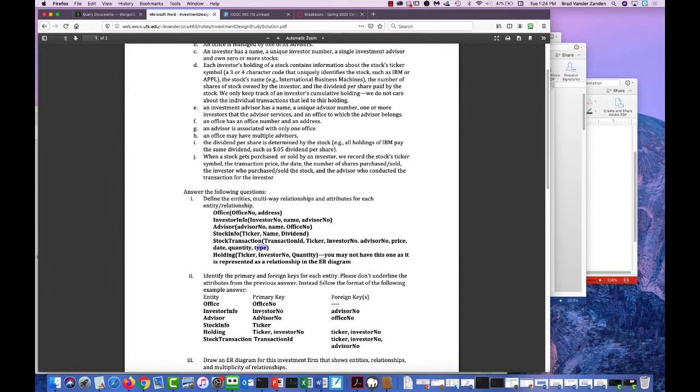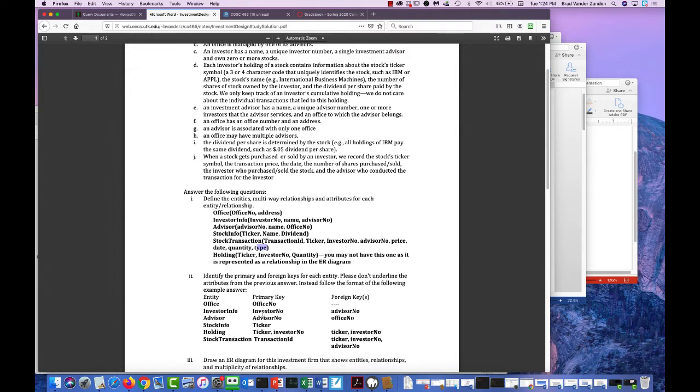Okay, and we need to determine the multiplicity of that relationship. So we direct the arrow from the one to the many. One advisor, many investors. We were told that an advisor could advise many advisees.